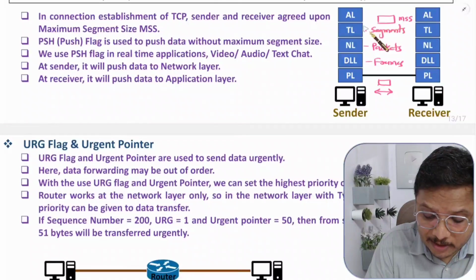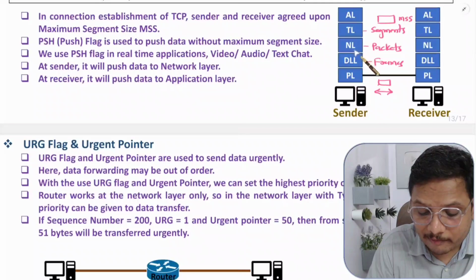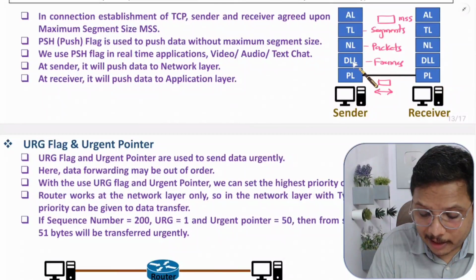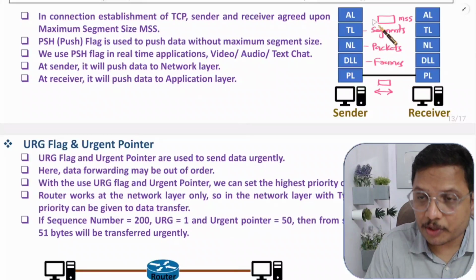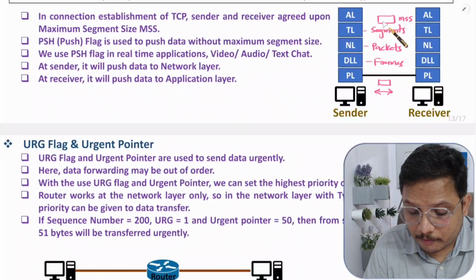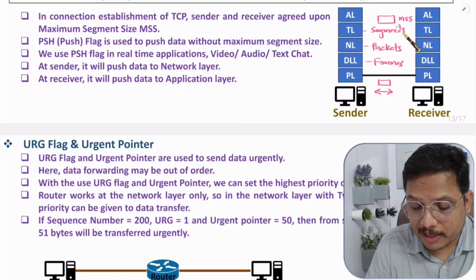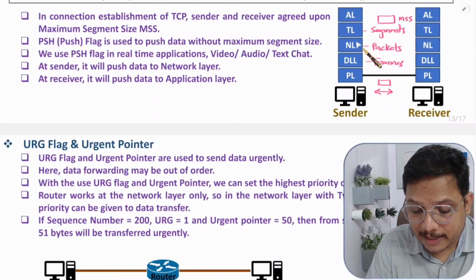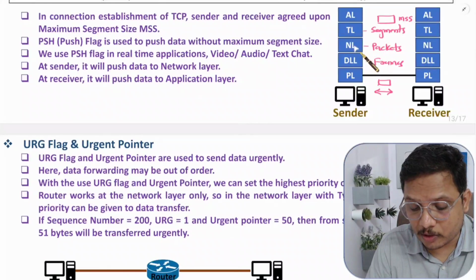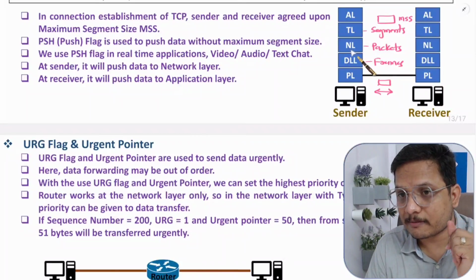So maximum size of segment usually that is been given to network layer, and network layer will form packets, and those packets will be given to data link layer, it will form frames. So usually what happens is transport layer will be giving maximum segment size of segments to network layer. That is the usual case.